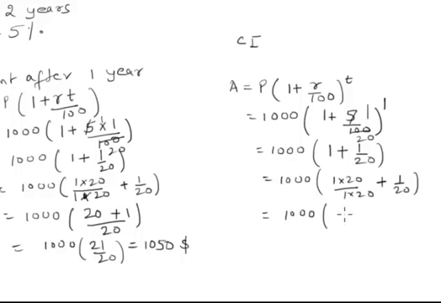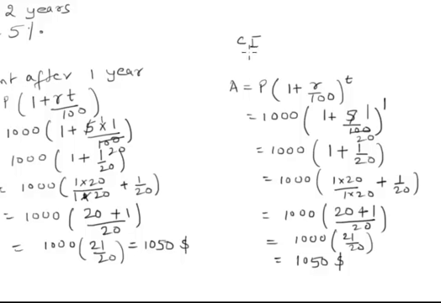So this is 1000 times (20 plus 1) over 20, which is 1000 times 21 over 20, and the amount at the end of the first year is $1,050.